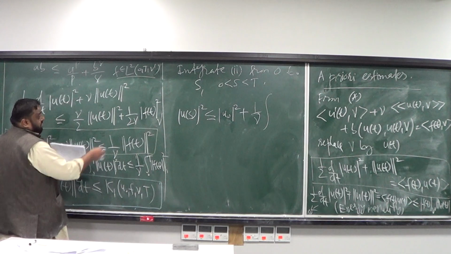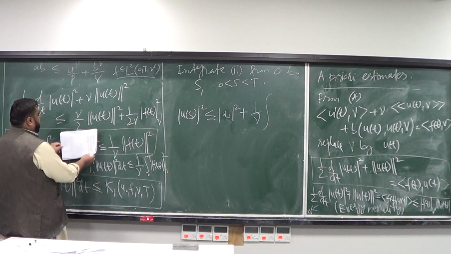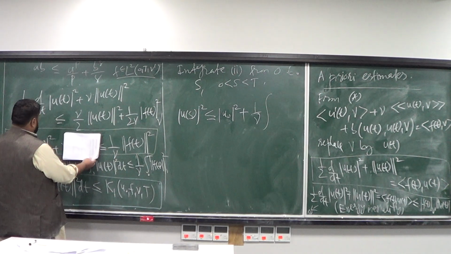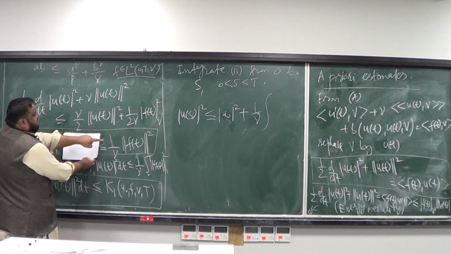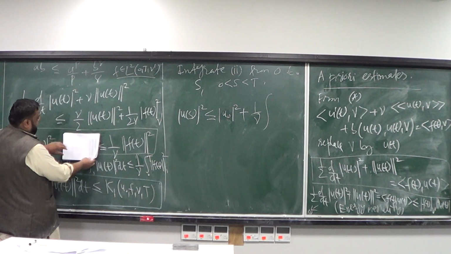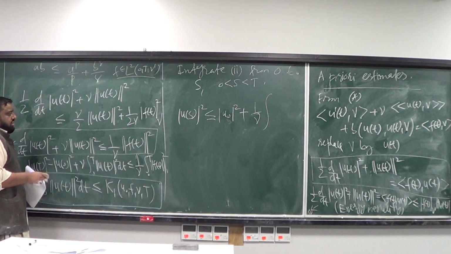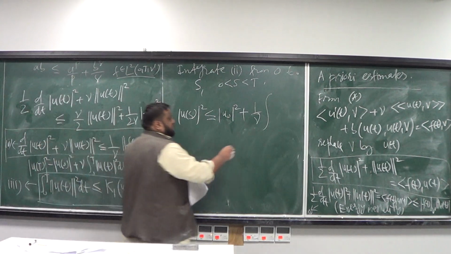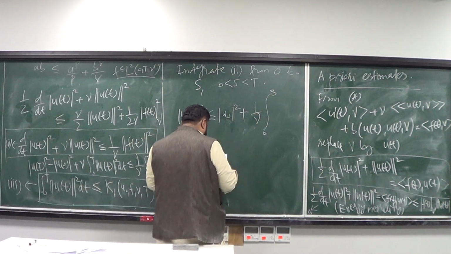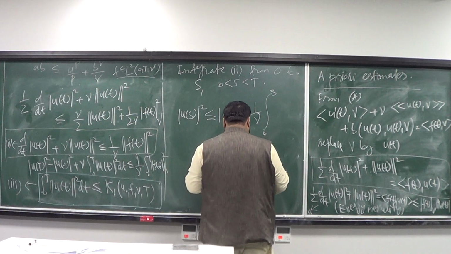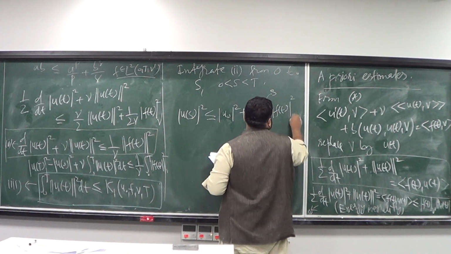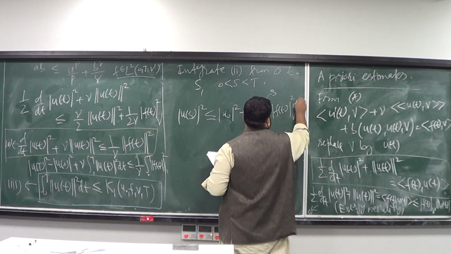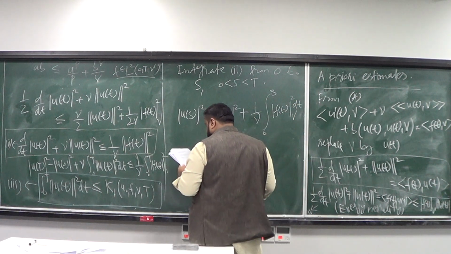So first I'm dropping this term, so the inequality still holds, and then I'm integrating from 0 to s. So you're going to get the integral from 0 to s of ‖f(t)‖² in V′ dt.